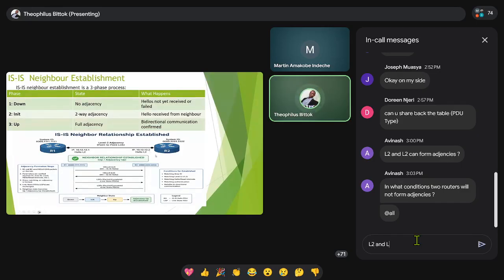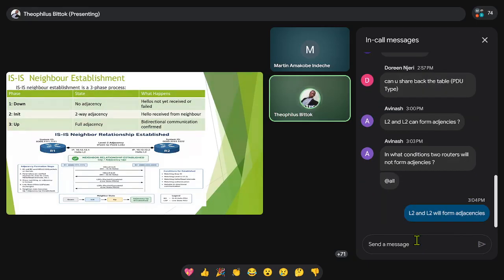But at times you may find engineers using the ISIS small hello. Basically, the small hello just sends the hello packet without the padding field. So you will still find the adjacency being formed regardless of the differences in MTU.